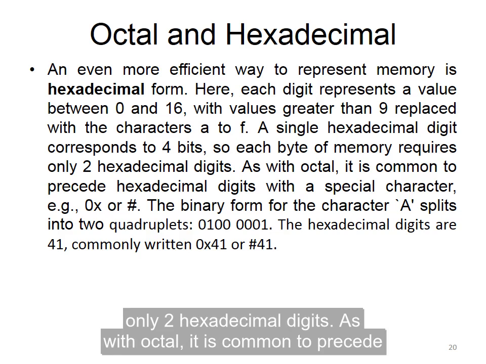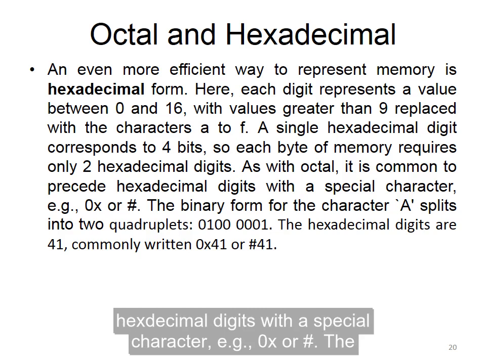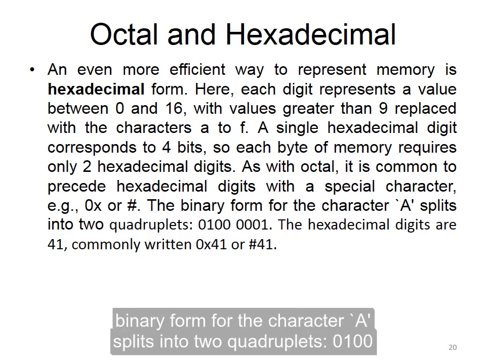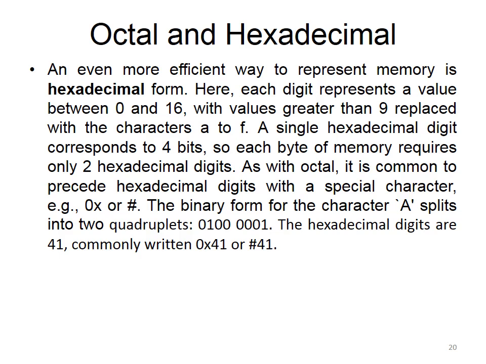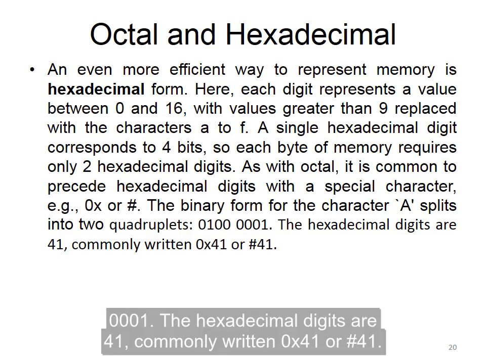As with octal, it is common to precede hexadecimal digits with a special character such as 0x or hash. Binary form for the character A splits into two quadruplets: 0100, 0001. The hexadecimal digits are 41, commonly written as hash 41.